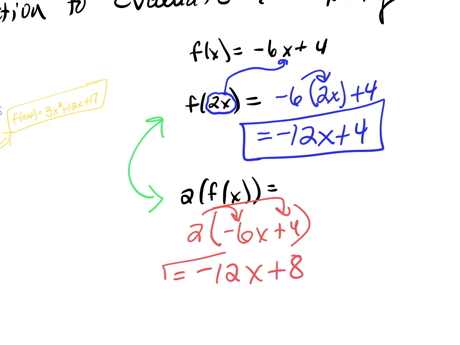Do you guys see the difference in these two answers? Are they exactly the same? No, because this question is not asking you to do the same thing. The top one in blue is asking you to take the value 2x and substitute it in for all the x's you see. The red one is telling you to take 2 and multiply it by the function. So there's two different questions that they're asking you there. Do you guys see that?